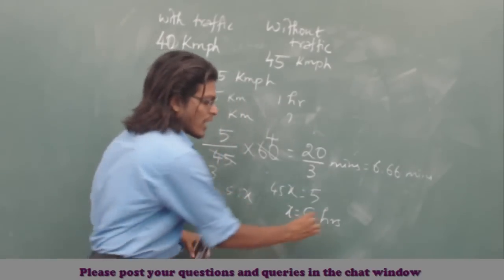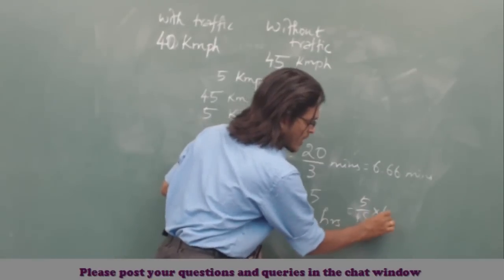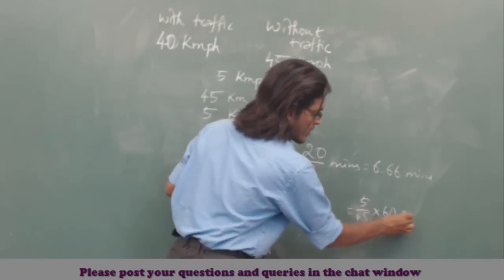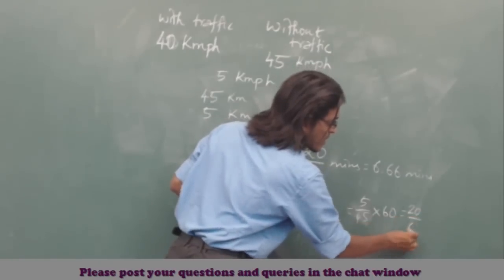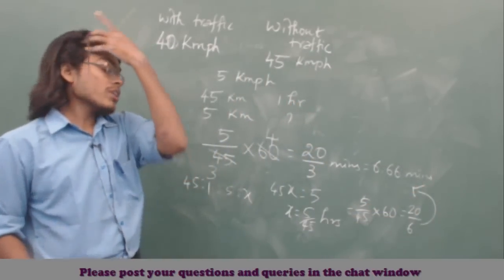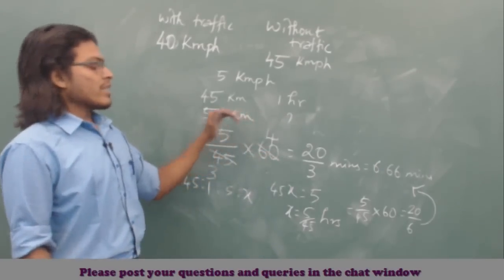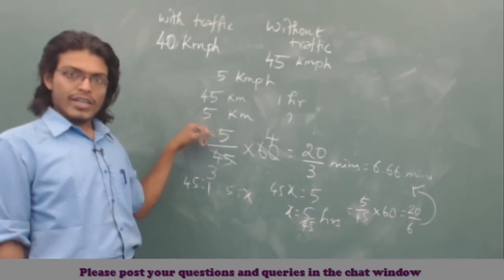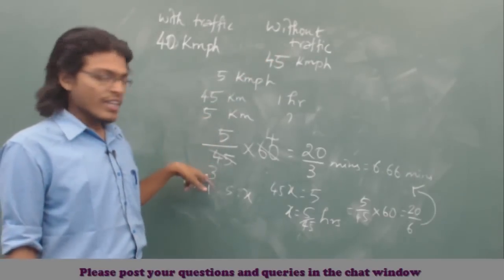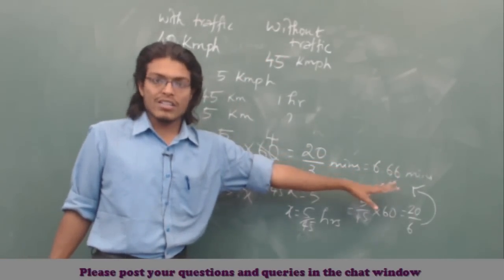So again, 5 by 45 into 60 is equal to the same 20 by 3, and you will get the same answer. You can do it in 2 ways, either by forming a ratio, or the difference in speed divided by speed without traffic into 60. That will give us directly the answer in minutes.